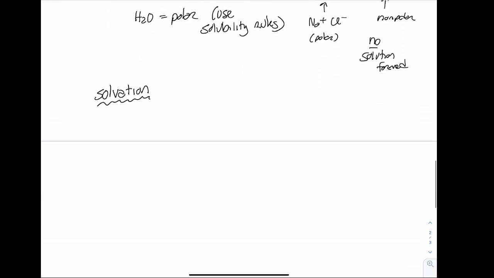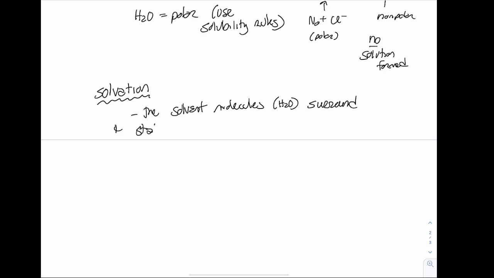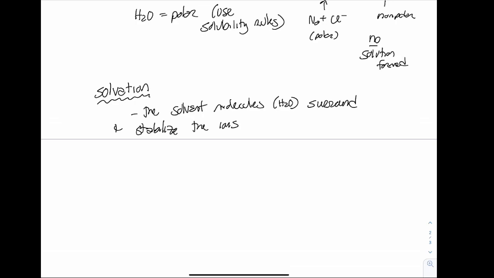In this case, the solvent molecules, which will be water in my example, are going to surround and stabilize the ions, whatever it happens to be that you're solvating. So I'm going to be solvating sodium chloride.